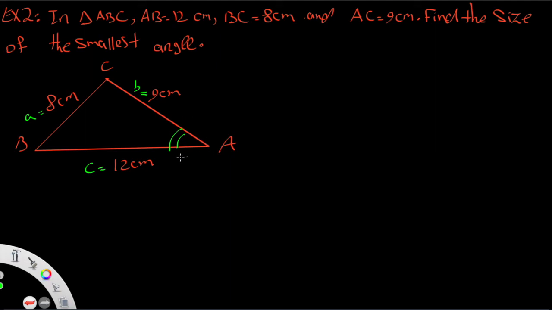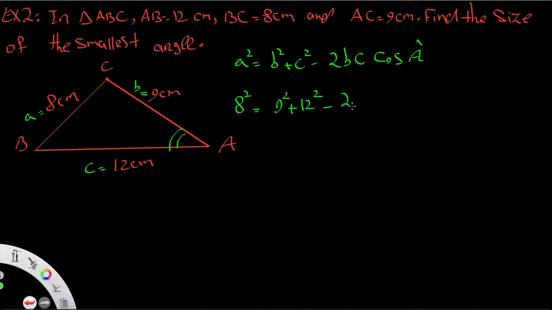So I should use cosine rule for this side, which is actually a squared is equal to b squared plus c squared minus 2bc cosine of angle A. Now, it will be 8 squared is equal to 9 squared plus 12 squared minus 2 times 9 times 12 cosine of angle A.